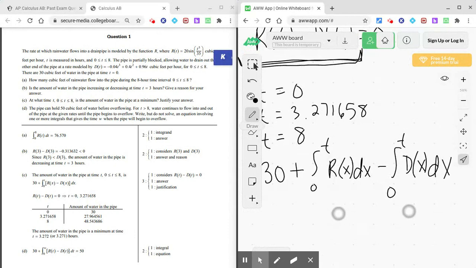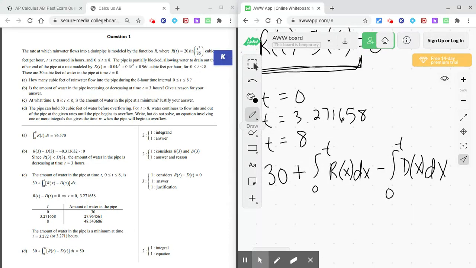They wrote it as one integral. I wrote it as two separate integrals. It's the same thing. So this is, as usual, the initial amount plus how much water was added minus how much was removed, or drained.